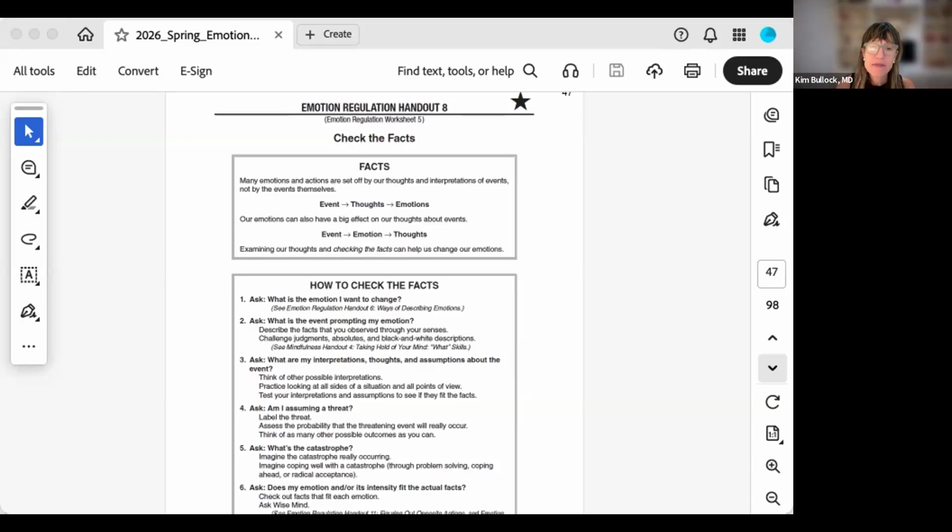A prompting event can be a secondary reaction to a previous emotion, like anger at ourselves for being afraid, or feeling guilty at a judgmental thought one is having, or a lack of ability. Knowing the facts is really essential.